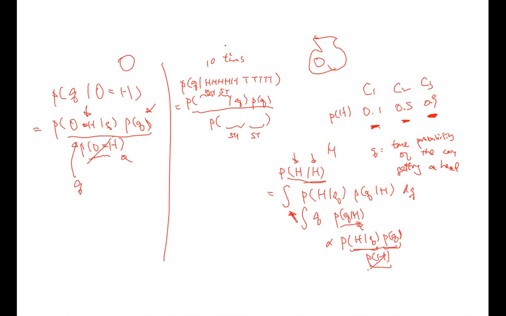Now, just a quick question here. What's this value here? We call Q the probability of the coin getting a head.